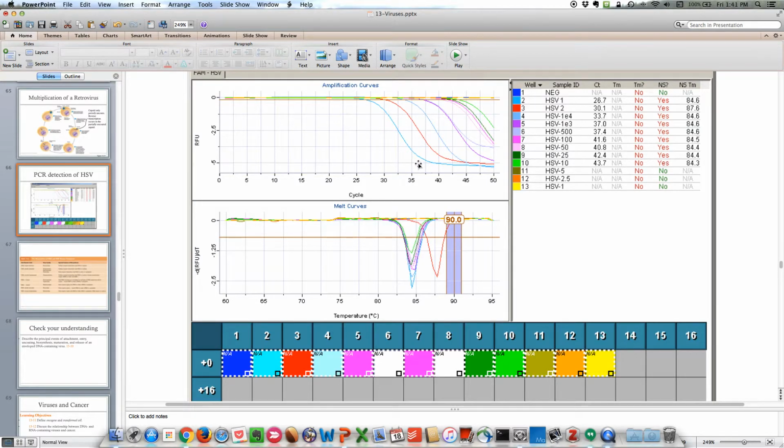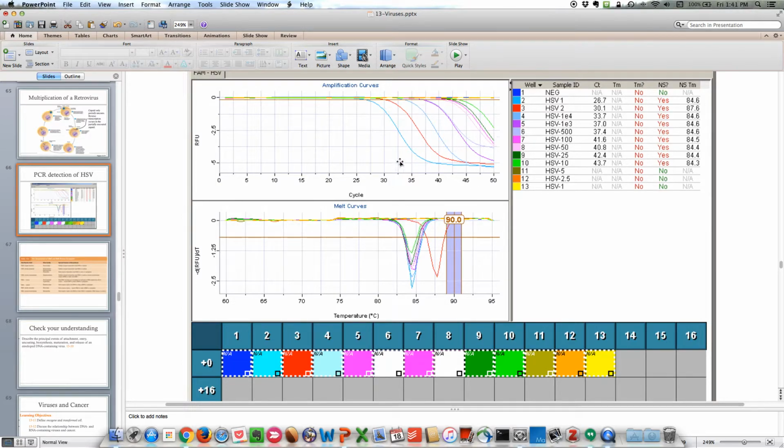And after we essentially produce copies of portions of the viral DNA, we can then determine at what temperature they melt, and depending on the melt temperature, we can determine whether the patient was infected with herpes simplex virus 1 or herpes simplex virus 2. And so I just wanted to share with you some of the data that illustrate the way we now try to detect viruses much more quickly.